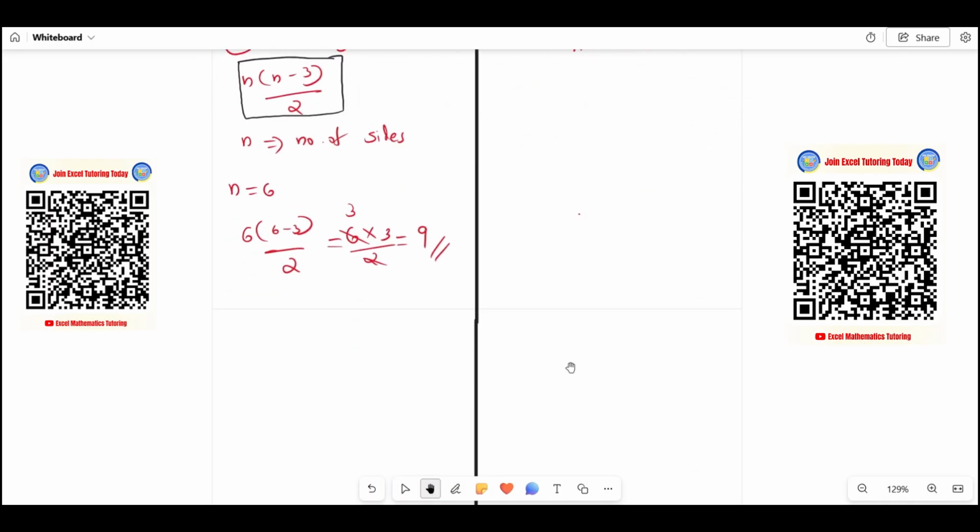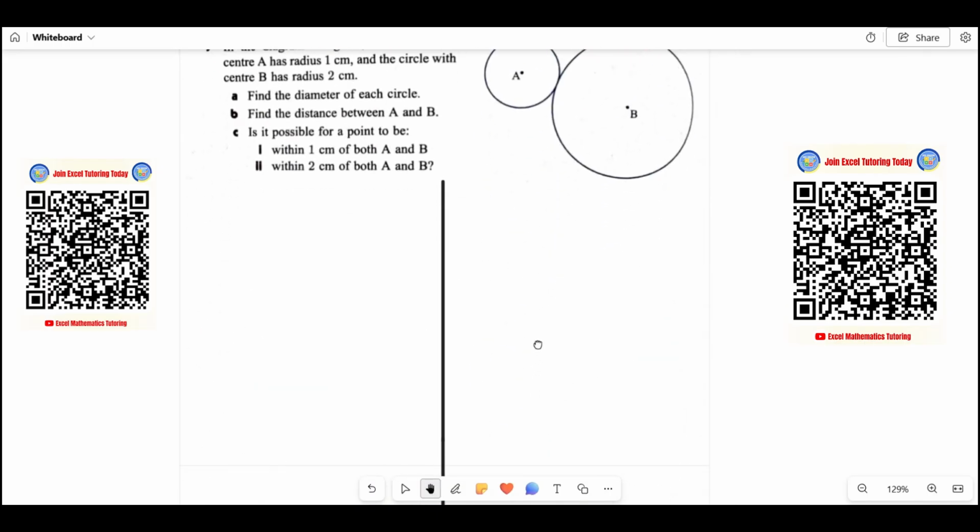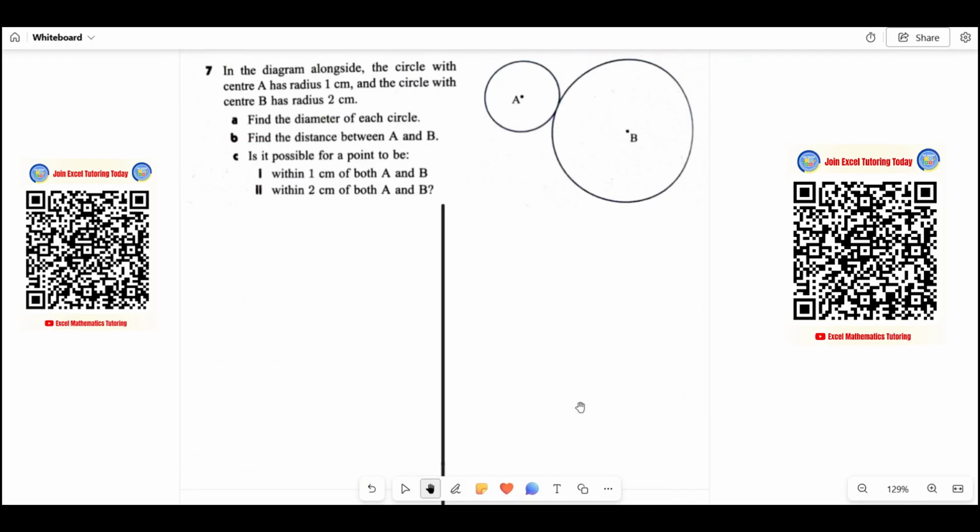Now moving to the next question. Question number 7 says, in the diagram alongside, the circle with center A has radius 1 centimeter and the circle with center B has radius 2 centimeter.